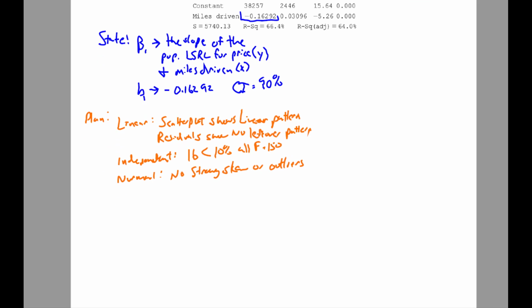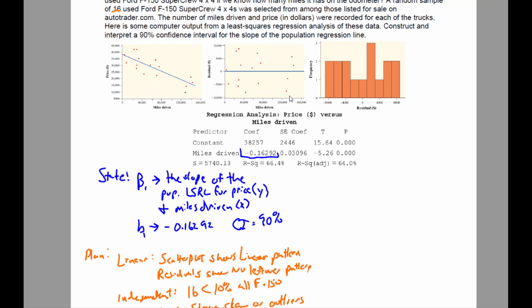Now we can deal with saying for our E, for equal standard deviation. And to look at that, we're going to look at our scatter of residuals around 0, right? So we're going to look up here at our residuals and this middle scatter plot here.